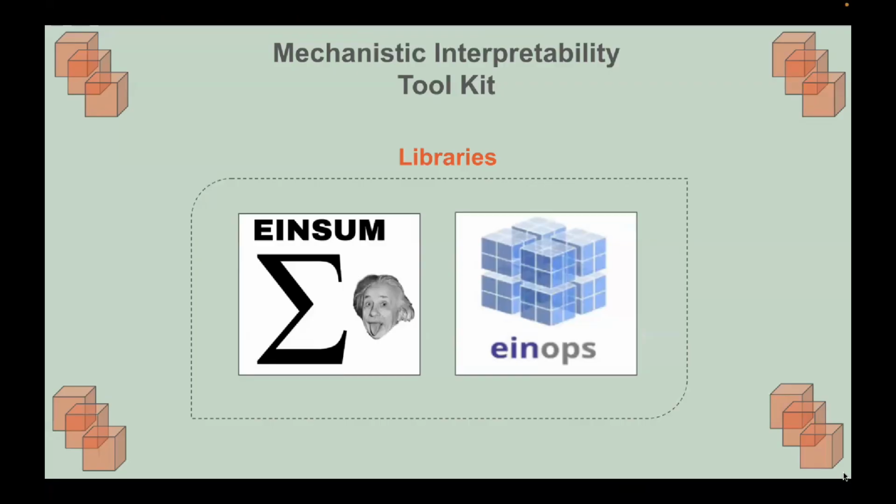That's all for today. We understood the importance of using Einsum and Einops to make our codes basically more efficient and more readable and easy to debug. And these libraries are definitely going to help us tomorrow when we are going to do some serious mechanistic interpretability research.